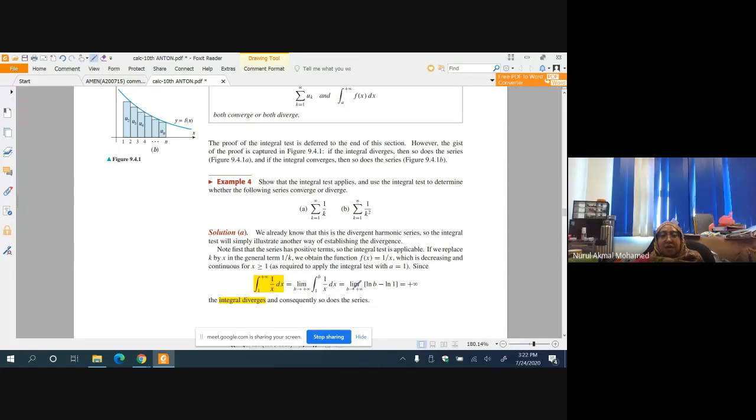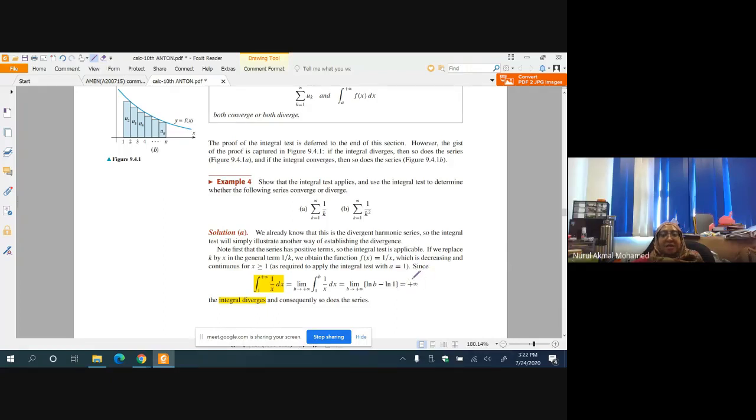Once you integrate, you get ln b minus ln 1. ln 1 is equal to 0. So ln b, as b tends to infinity, will be ln infinity, which gives you plus infinity.